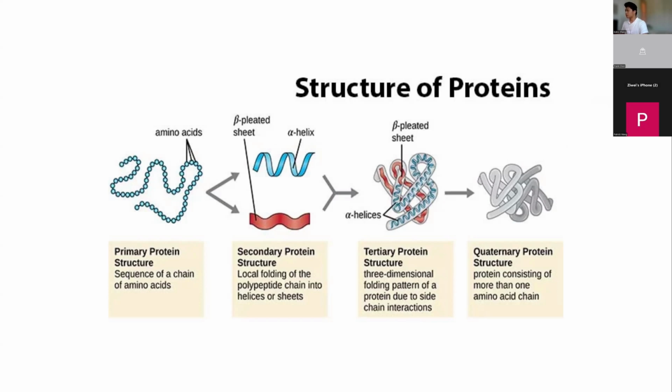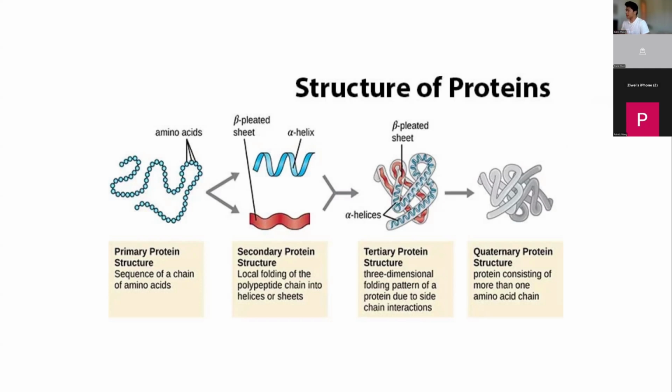And then we have the quaternary protein structure. This is an even more advanced form of tertiary, and it's also a functional form of protein. It's where we have more than one amino acid chain. So we have several of these polymers joined together to form one functional body.